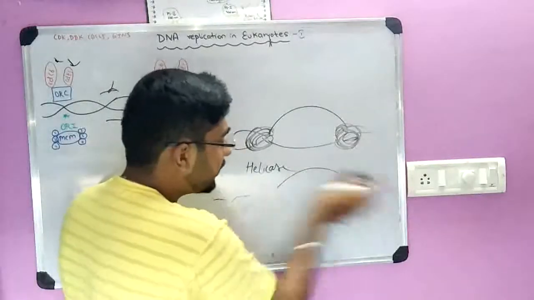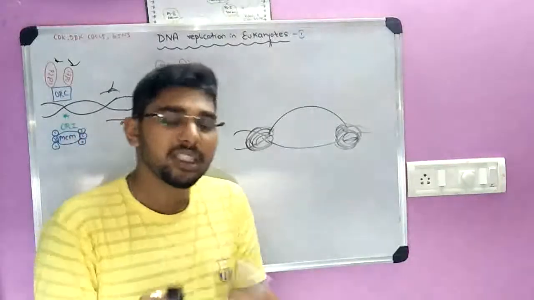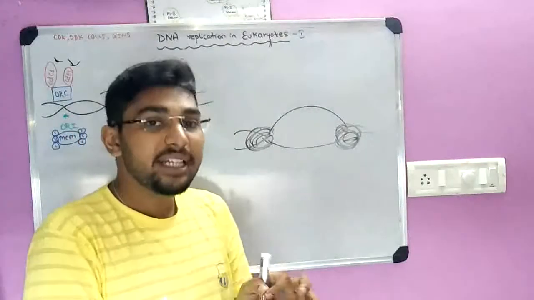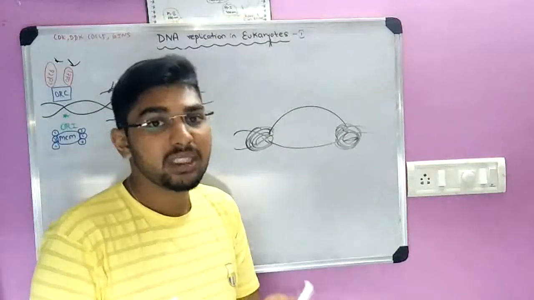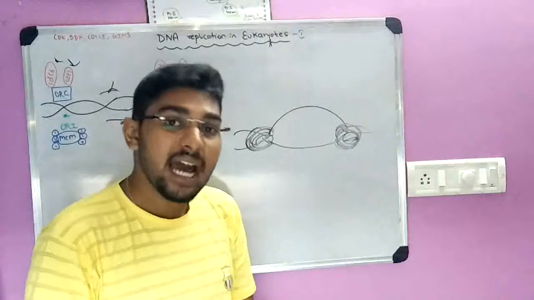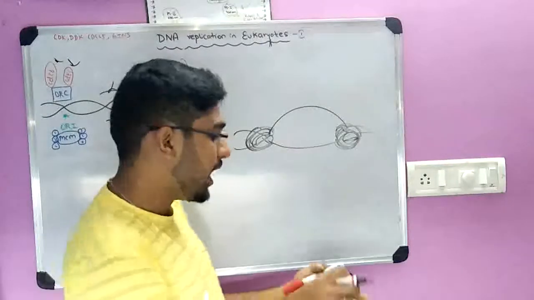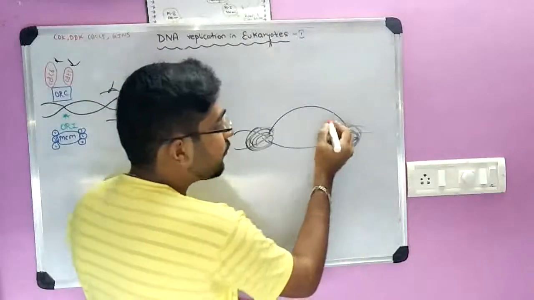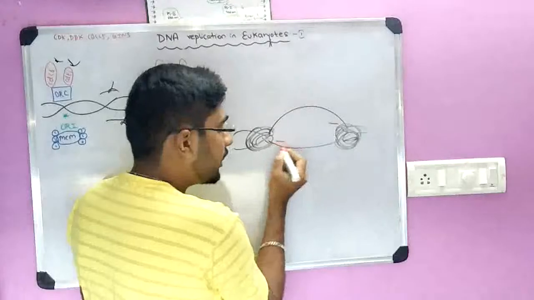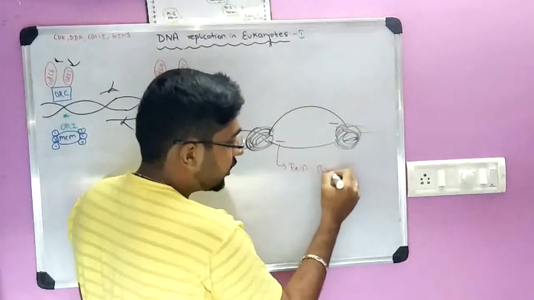The last step is RNA primer formation. Remember this, it is very important: DNA replication won't occur until the RNA primer is formed. What is an RNA primer? An RNA primer is nothing but a short nucleotide sequence of RNA.